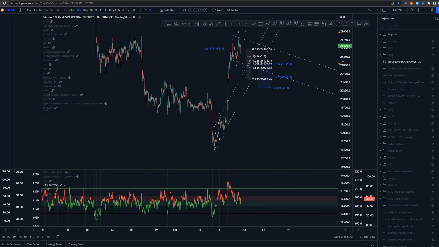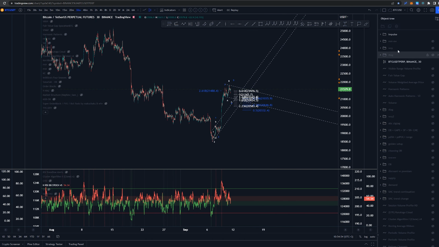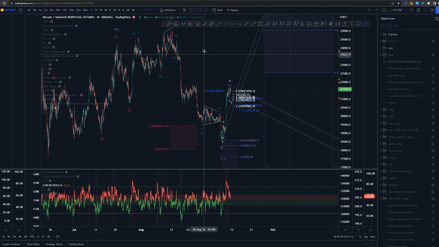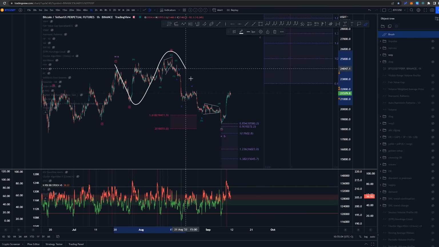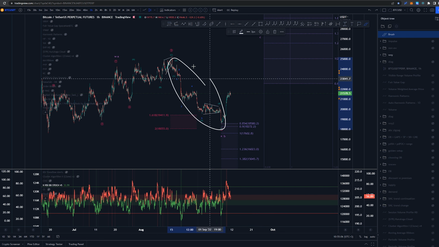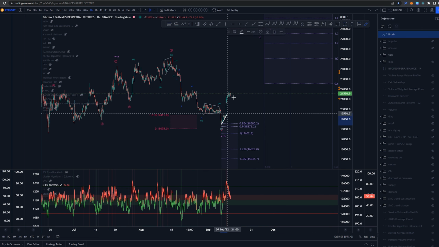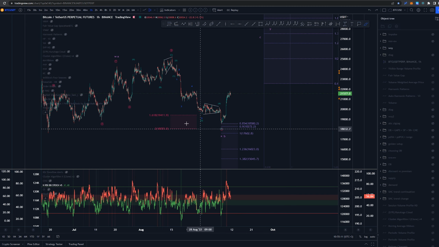Now if we are zooming out and seeing what that could be part of, before we had this impulse wave structure, we had a 5-way move here, and for that 5-way move we had 2 different scenarios. One of them was that this was an ABC and this was the end of something, and here we would be looking for either the ABC or a WXY.